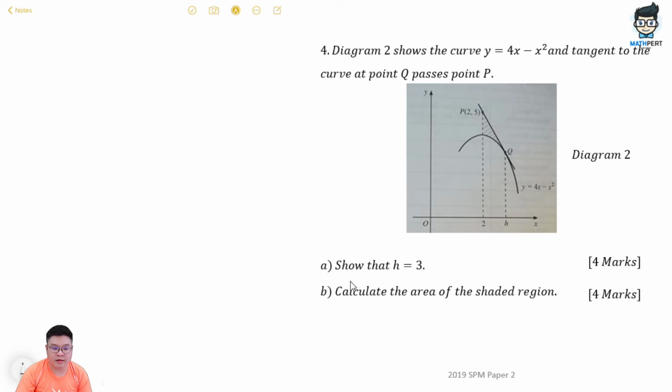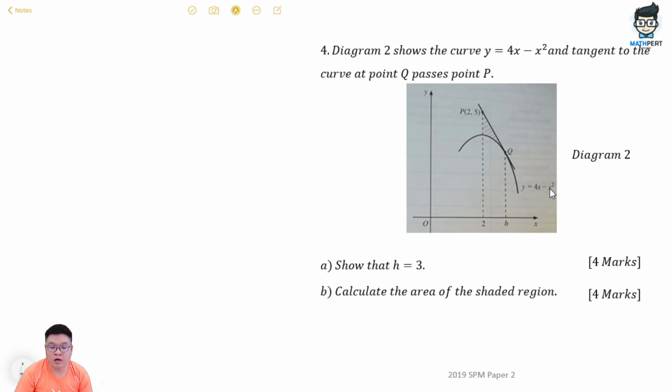So let's take a look at part A first. Show that h is equal to 3. h is on the x-axis, which means y is equal to 0. We notice that Q is directly above h, and Q is the intersection point between this straight line and the curve y equals 4x minus x squared.